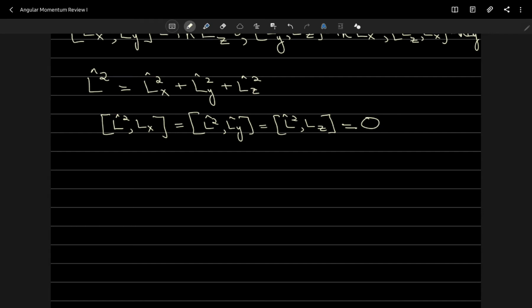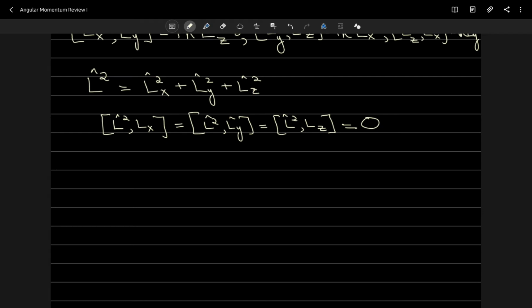So what this means is, with L squared, it is possible to construct simultaneous eigenstates of L squared and one component of your angular momentum, so that L squared and its component can be simultaneously defined precisely.